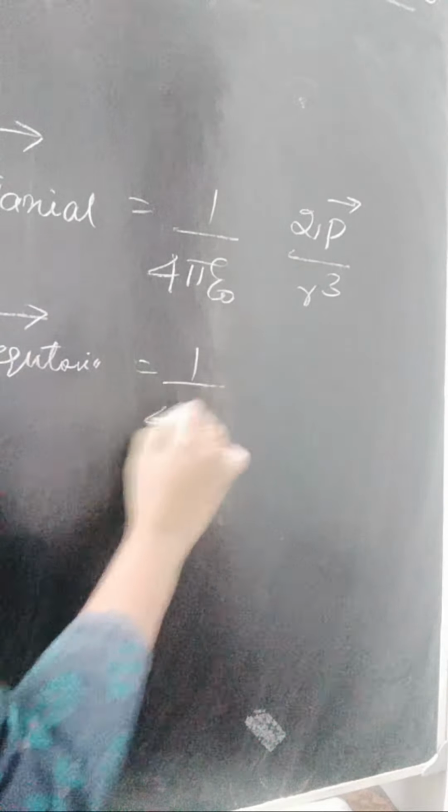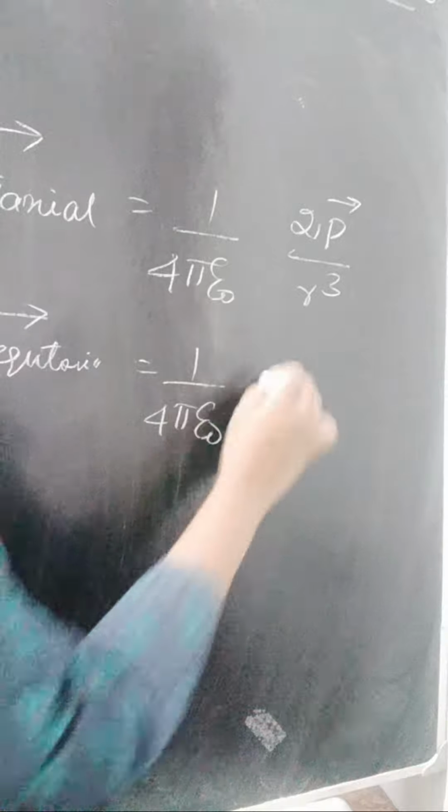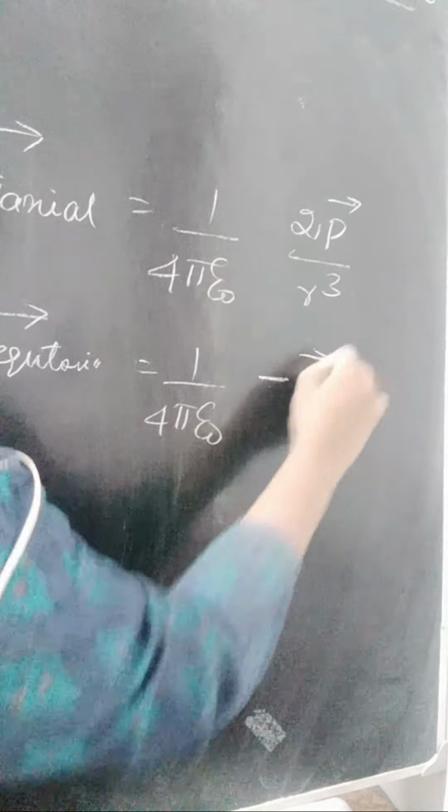E axial, what is E axial? 1 by 4 pi epsilon naught 2 p vector divided by r cube. And what about E equatorial? Minus p vector divided by r cube.